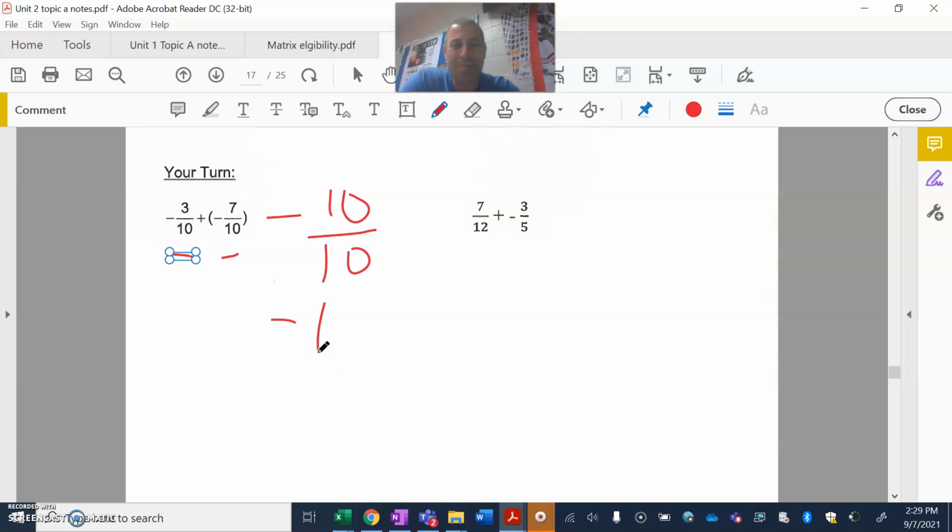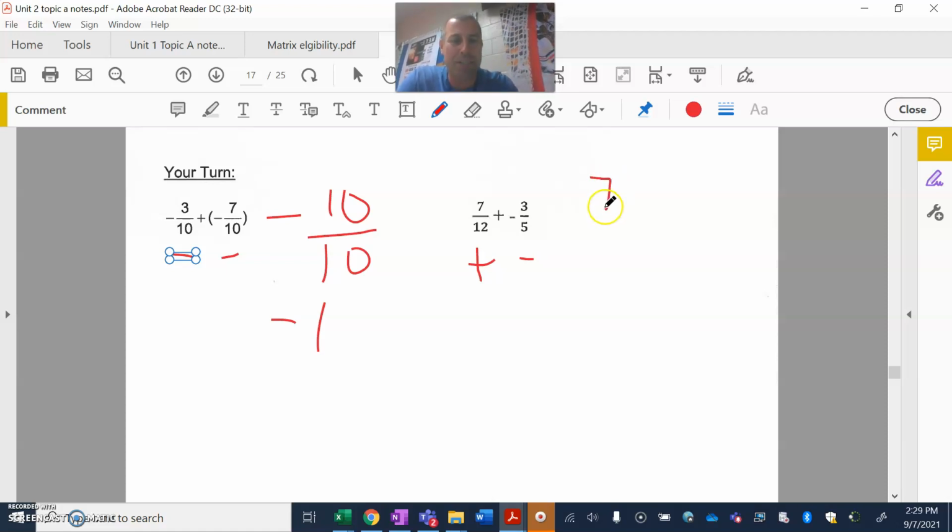Take a look at the next one. 7/12 is a positive. 3/5 is a negative. They are different signs, so I am going to subtract. Bigger number first. Worst case scenario, we can just flip it around if we realize we didn't put the bigger number first.